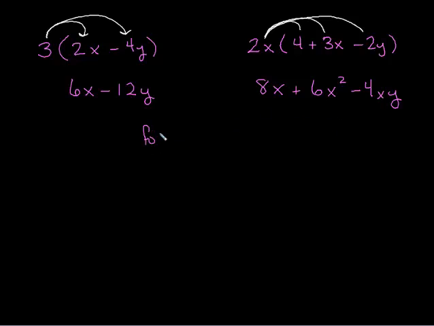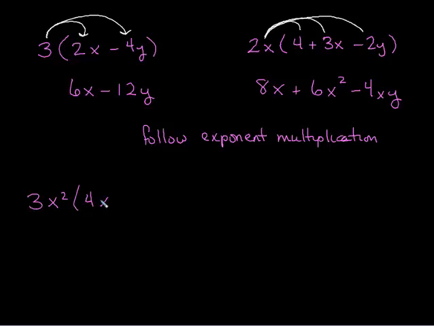Now we'll follow the rules for exponent multiplication. So if we have, for example, 3x squared times (4x to the third minus 5x squared), I'm going to do my distribution: 3x squared times 4x to the third, and 3x squared times negative 5x squared.